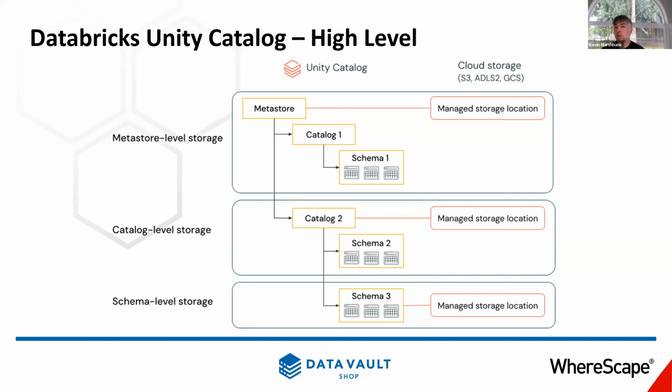And WhereScape really is sitting at an automation level and abstraction layer above that, which I'll cover in a minute. You've got your Metastore level, then your catalog level storage, and then your schema level storage. You configure where those exist within your data lake structure, and you can manage the access to those based off of the Unity catalog at the Metastore level.